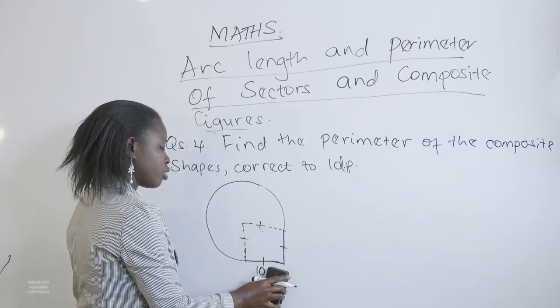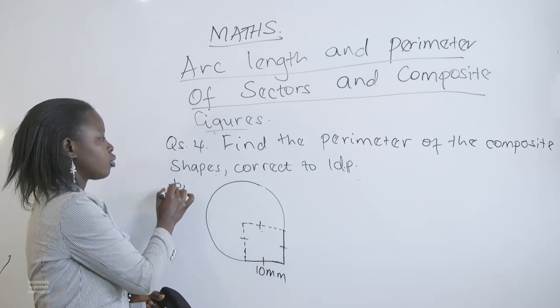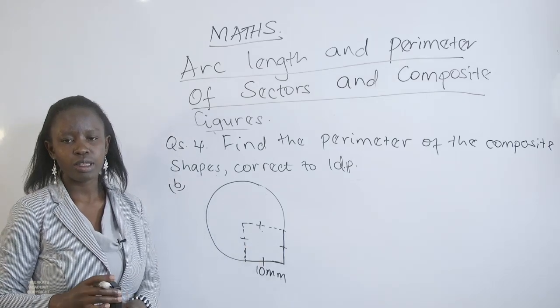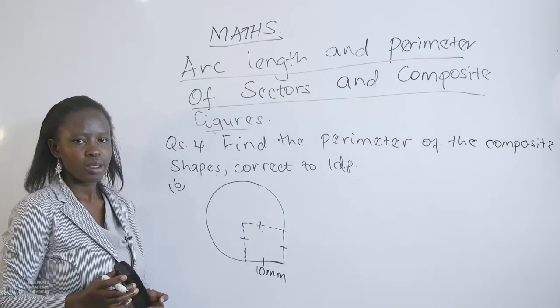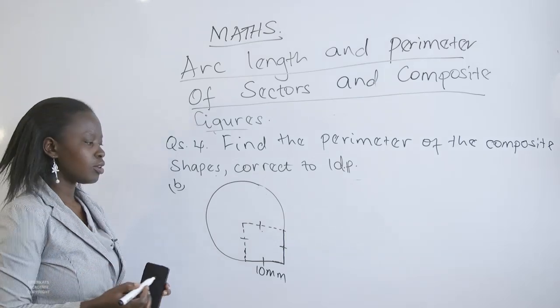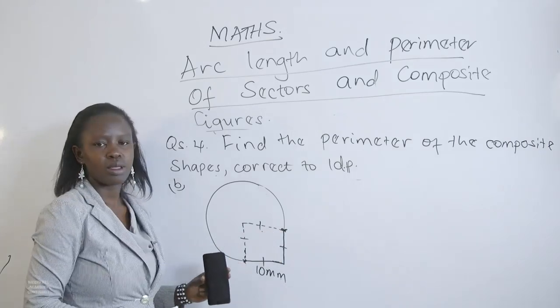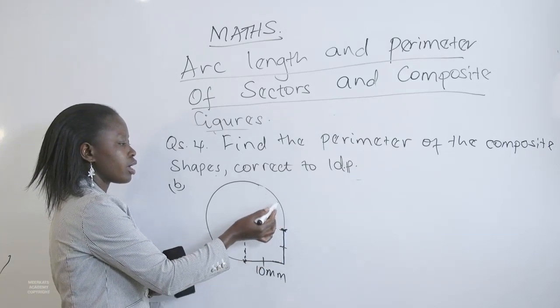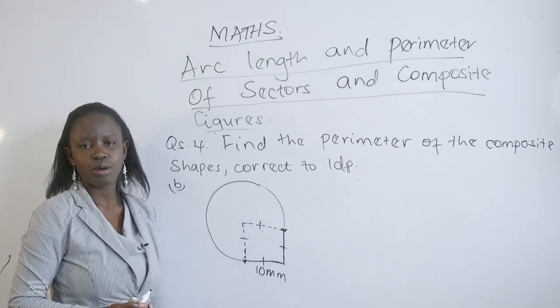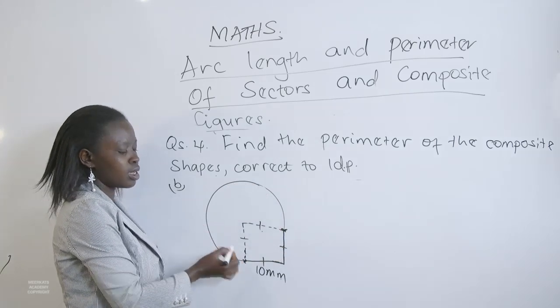So we have this figure that we need to get its perimeter. Getting the perimeter of this figure means we have an arc that has been formed by this circle. So this is the arc of the circle that has been formed. We need to get the length of this given arc.